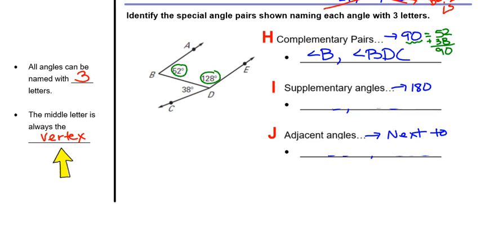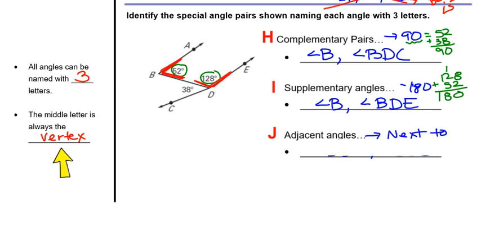And I do think it would be 52 if I add that. 128 plus 52, 0, carry 8, and there it is. So I need to name those two angles. This guy right here and this guy right here. To name those two angles, I would call that angle B and angle BDE.